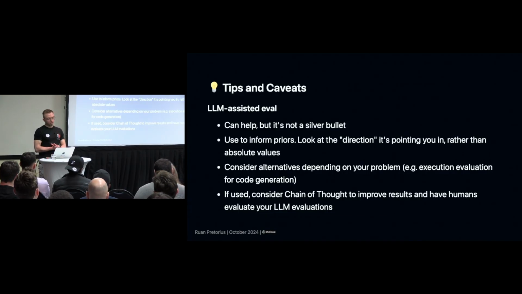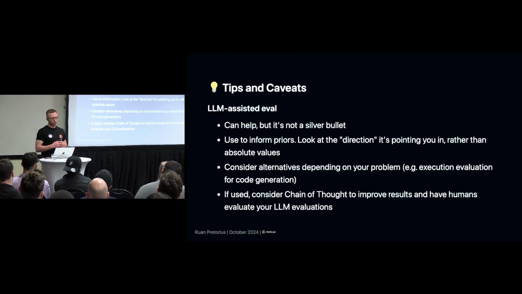Just a couple of tips and caveats about this LLM assisted evaluation. It's not a magic silver bullet. It can help because it's quick to get feedback since it's automated. But I would use it to inform your priors and look at the direction it's pointing you in, rather than fixating on the absolute values that it's giving you back.